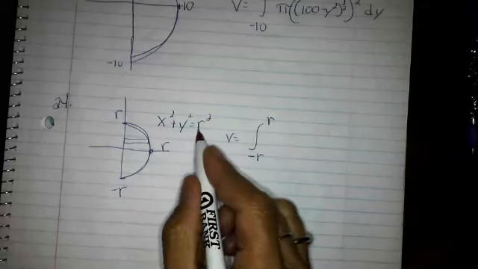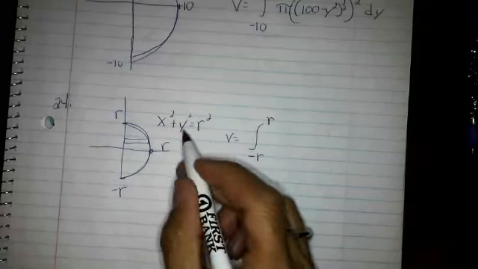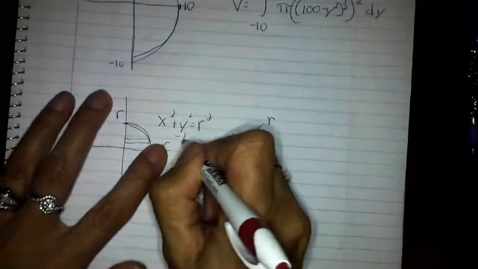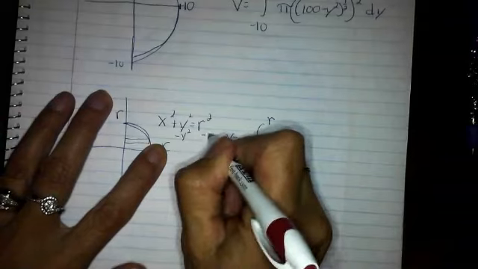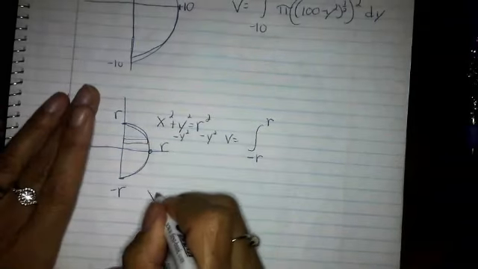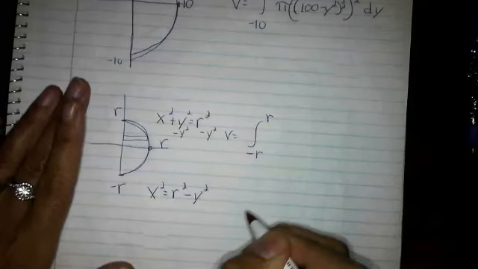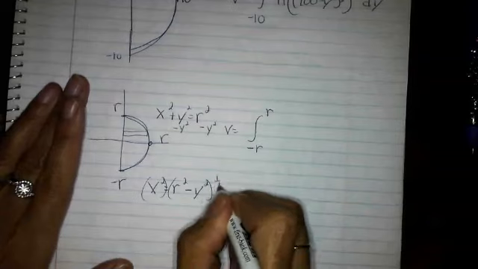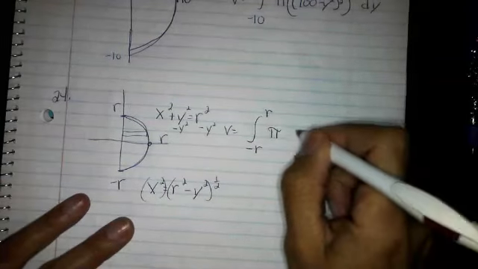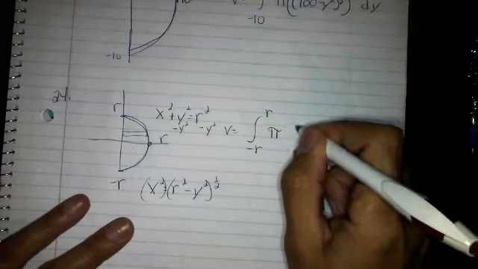We want to get this to x equals. So just subtracting the y squared. So x squared equals r squared minus y squared, and then we will raise to the 1/2 power on both sides. So we'll have pi times our radius.